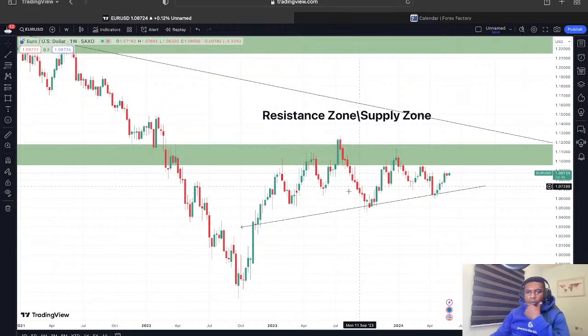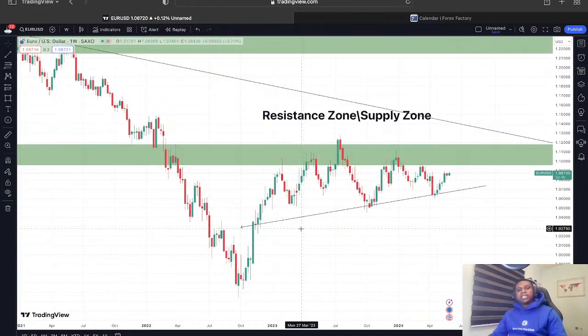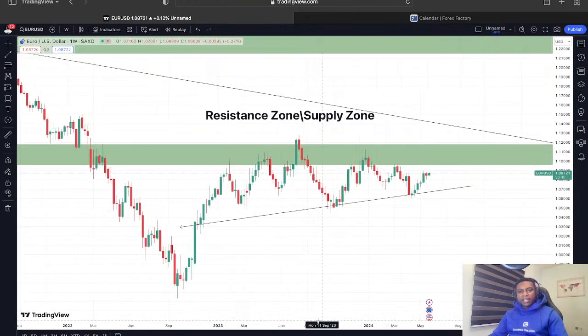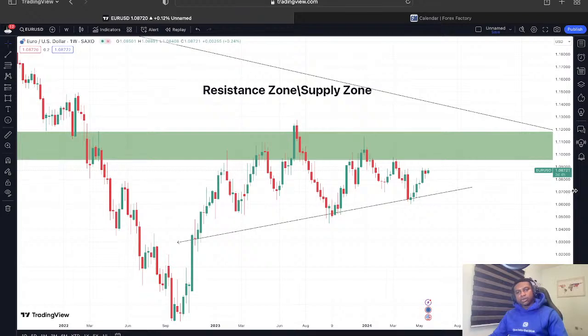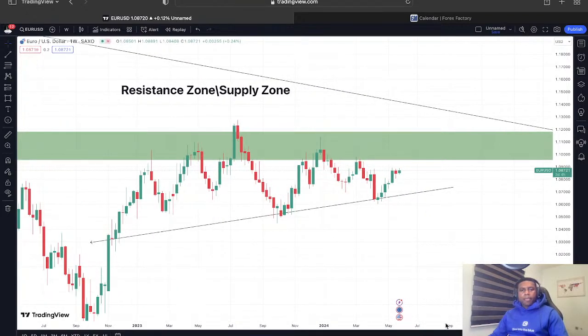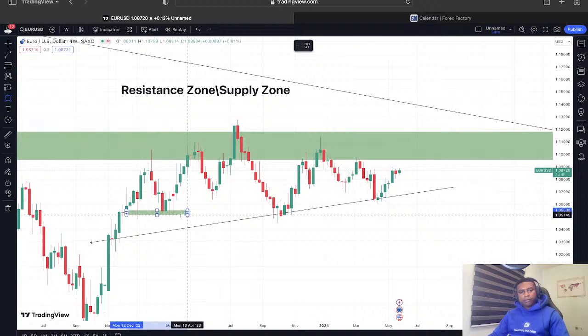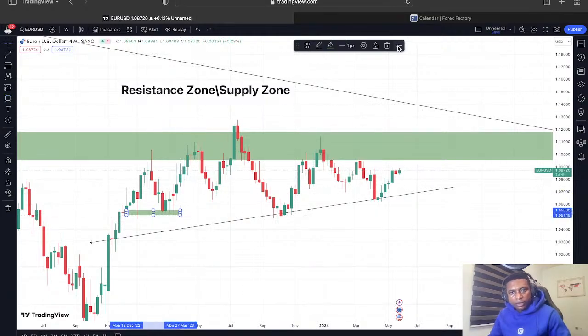So now one important thing we need to observe on this Euro USD market here is to look into the minor supports and resistance zones. All right, minor supports and resistance zones. So you can see minor supports and resistance zones here. Okay. We can duplicate.